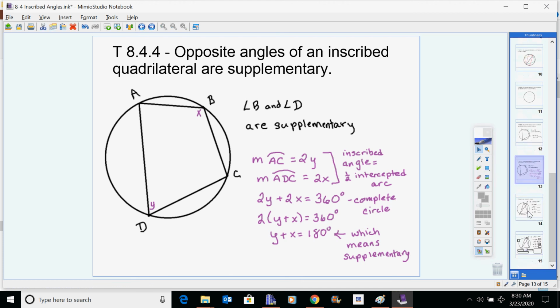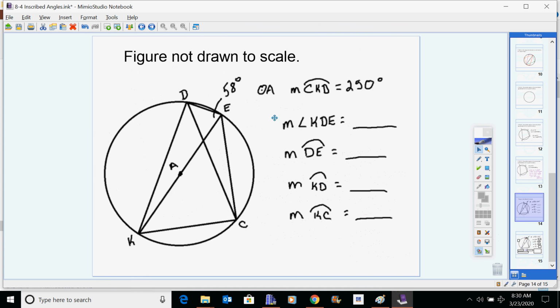So let's work our way through this scenario in order to find all of these missing pieces. What we have is circle A, which means that A is the center. It means that this does have to be a diameter.